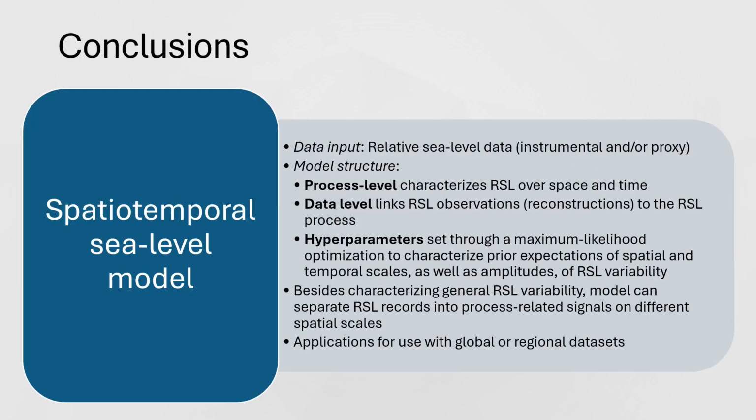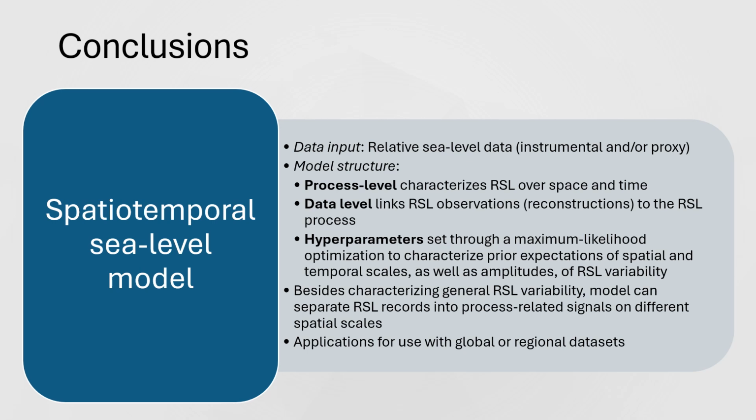To conclude then, for these spatiotemporal sea level models, you have some kind of data input, whether it's instrumental and/or proxy relative sea level data. The model structure is broken down into that process level, data level, and your hyperparameters that are set through maximum likelihood optimization.